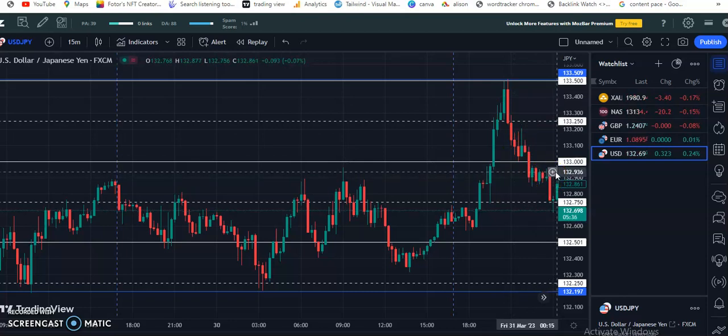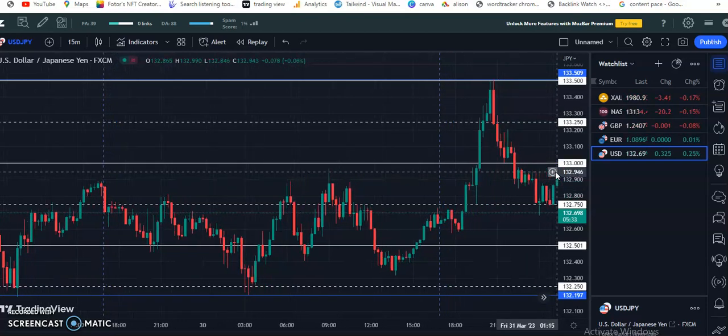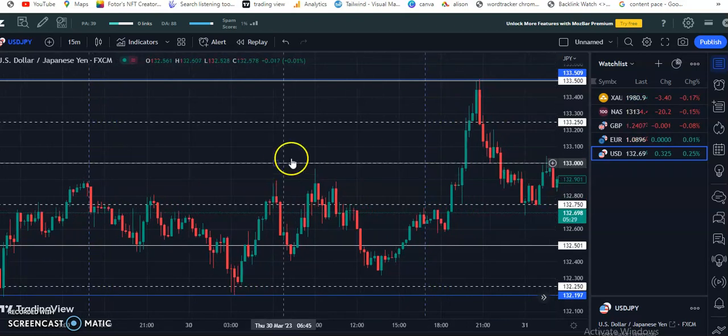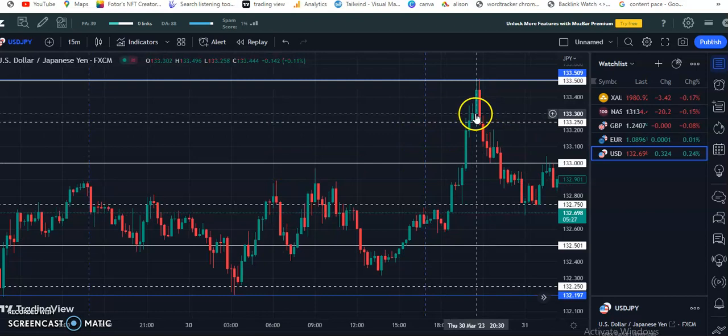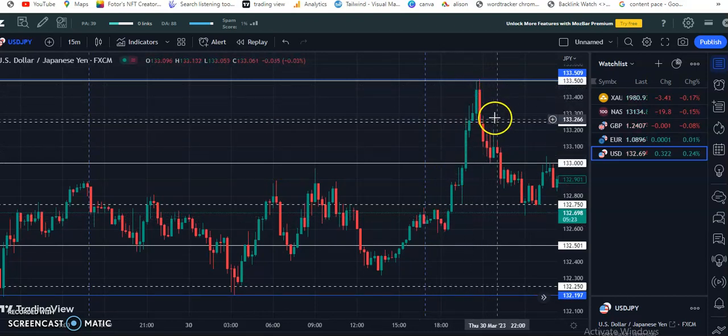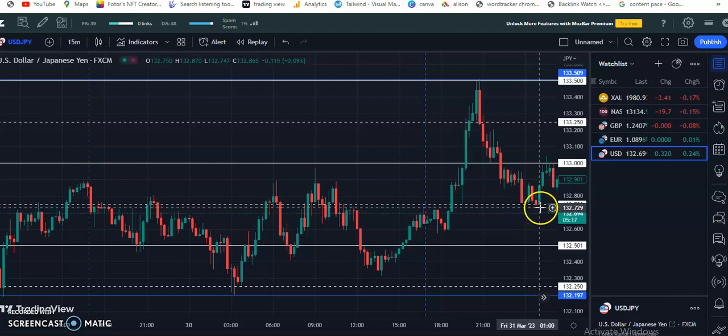So in my mind, I'm asking myself, what is happening with this instrument? We have this nice pump, and it came down in the gap time between Asia and London. All right. Now let's see what happens during London.